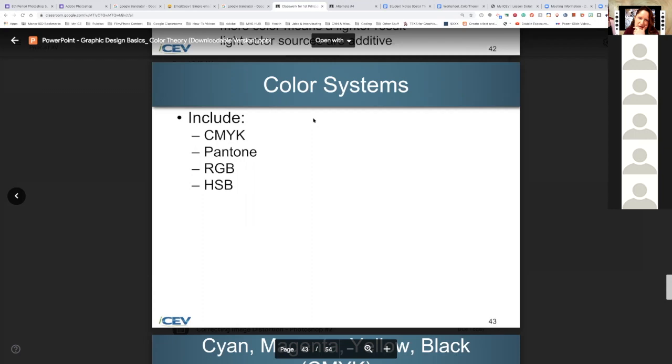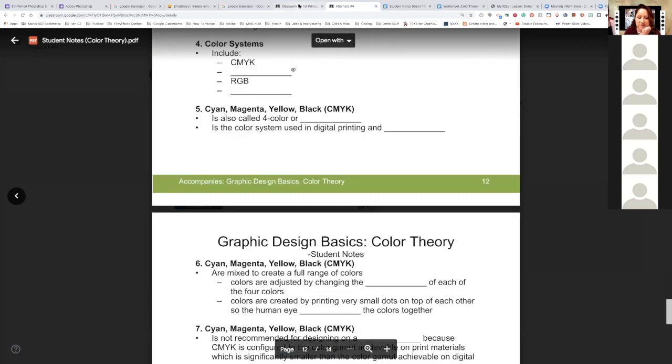CMYK is cyan, magenta, yellow, and I forget what K is. Okay, the next slide tells us K is black.